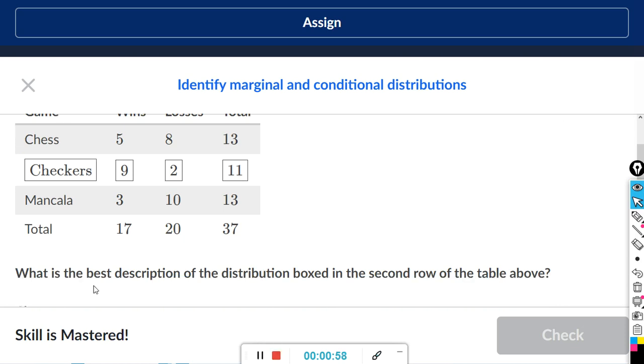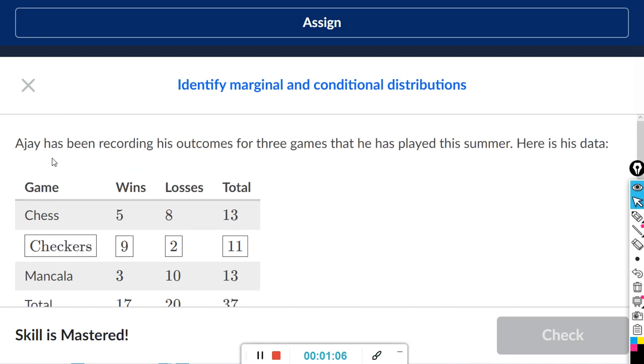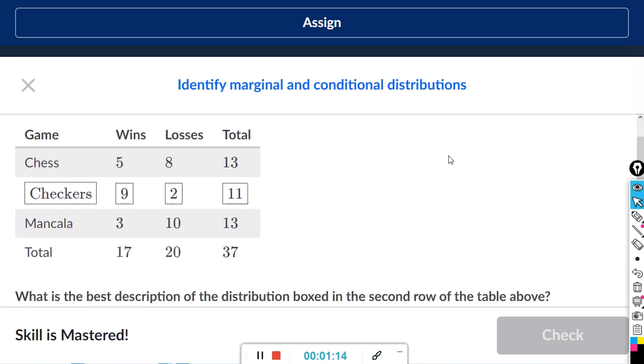So here they ask, what is the best description of the distribution boxed in the second row of the table above? This is from someone recording his outcomes for 3 games that he played this summer. He recorded his outcomes for chess, checkers, and Mancala, and the wins and losses.